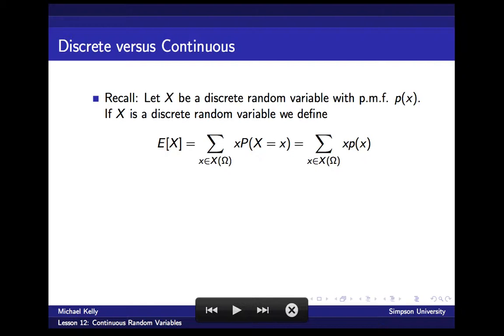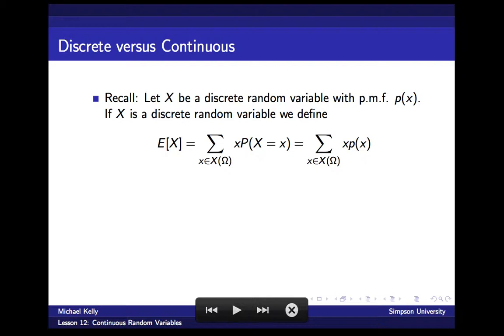Recall that if x is a discrete random variable, and we want to find the expected value, we take the sum over x of all possible x's that could come out of x times little p of x, where p is the PMF, the probability mass function. So if we go to the continuous case, we get an analogous equation.